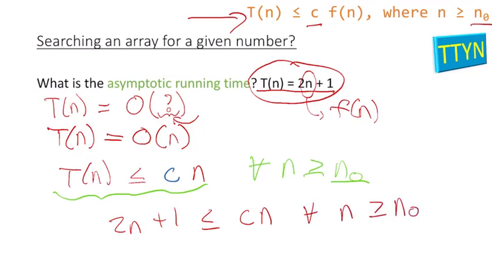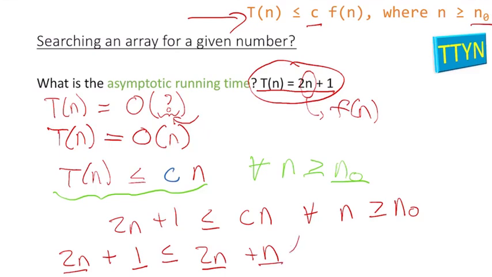One way to do that is to say that 2n plus 1 is less than or equal to 2n plus n. The 2n is equal to the 2n, so what we're really saying here is that 1 is less than or equal to n. Under what circumstances is that true?